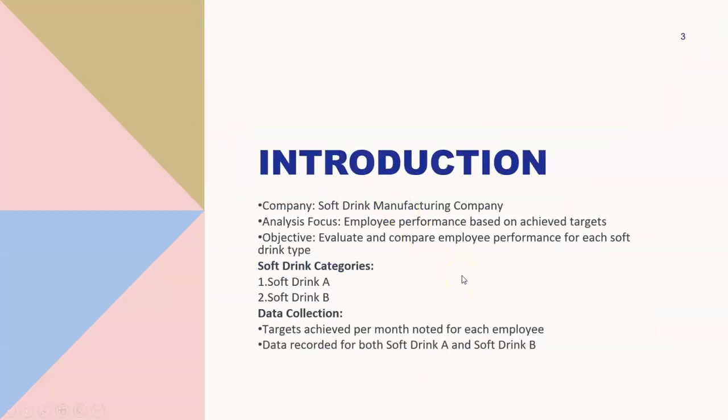Now, let's first come to the introduction part. So let's first understand the objective or the goal of our project that we are going to work on. We are going to work on a project based on a soft drink manufacturing company which is manufacturing two types of soft drink, that is soft drink A and soft drink B. And the targets achieved by the employees for both the soft drinks are noted.